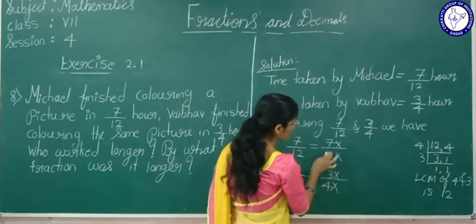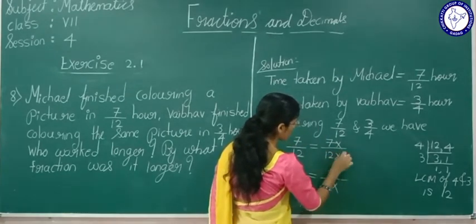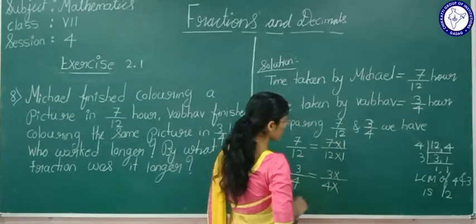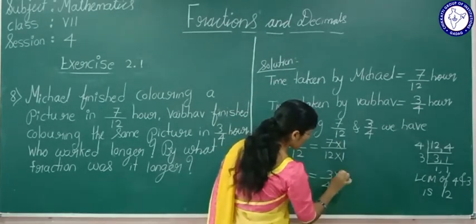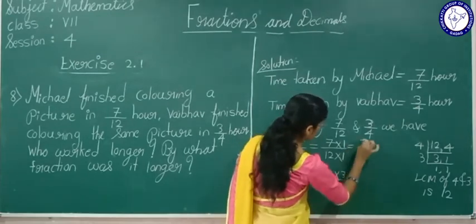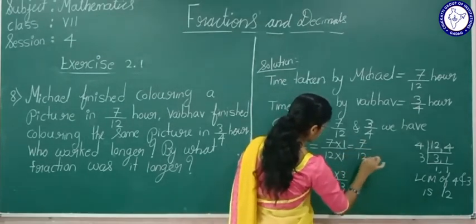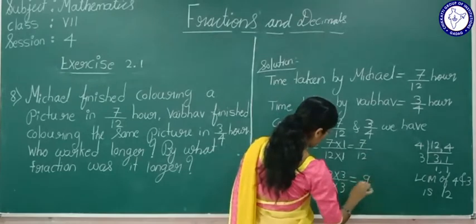Now see, 12 how much is 12? 12 1s are, multiply both numerator and denominator by 1. 4 how much is 12? 4 3s are, multiply both numerator and denominator by 3. 7 1s are 7, 12 1s are 12, 3 3s are 9, 4 3s are 12.